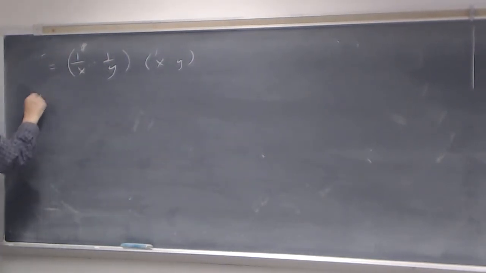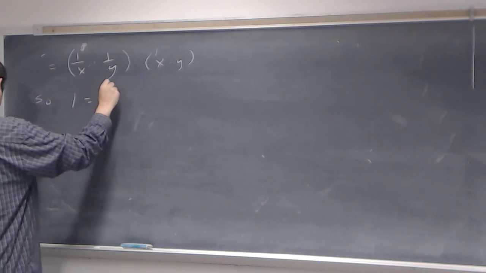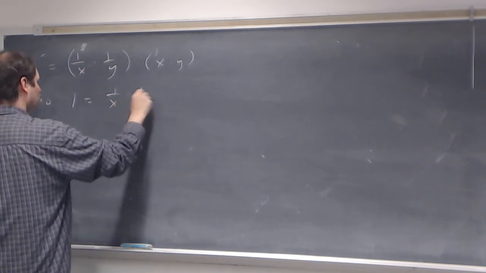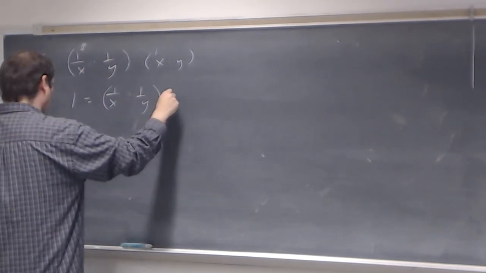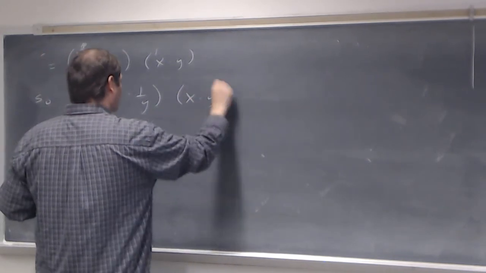So what we have here is that 1 is equal to 1 over x times 1 over y times x times y.